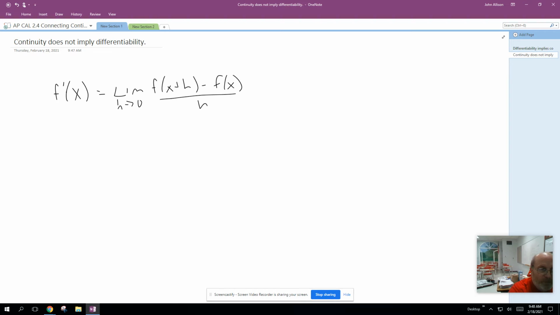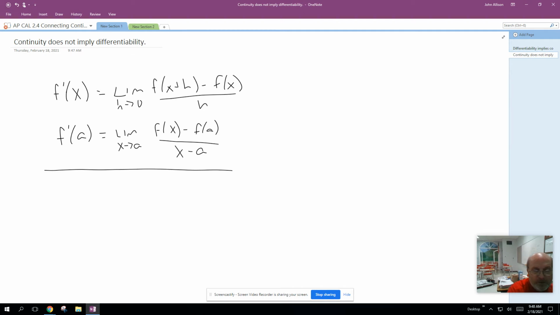And if we want differentiability at a point, we say f prime of a exists and is equal to the limit as x goes to a of f of x minus f of a over x minus a. For the derivative to exist at a point, this limit must exist.